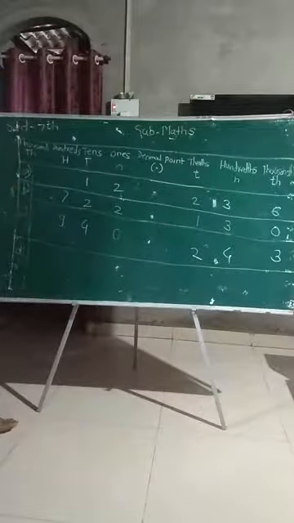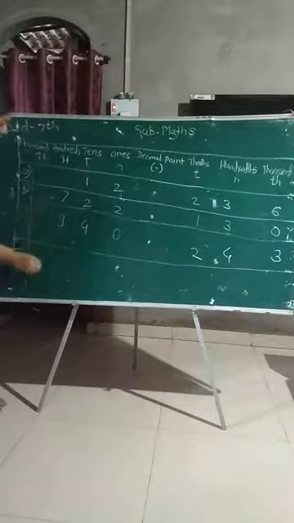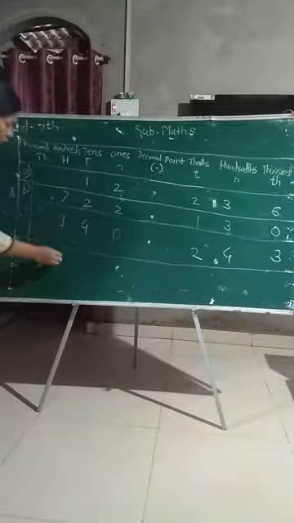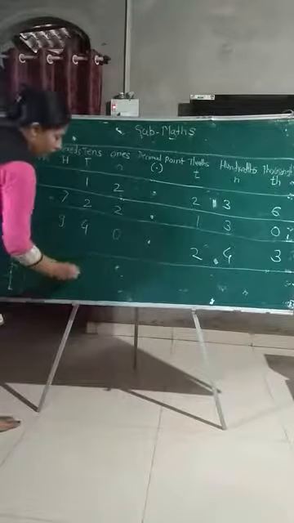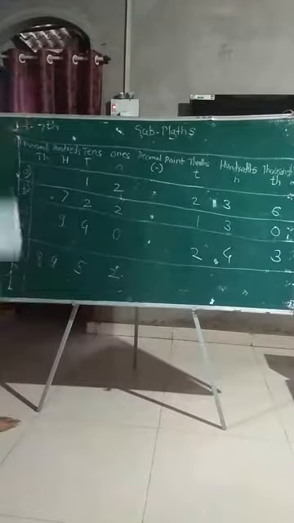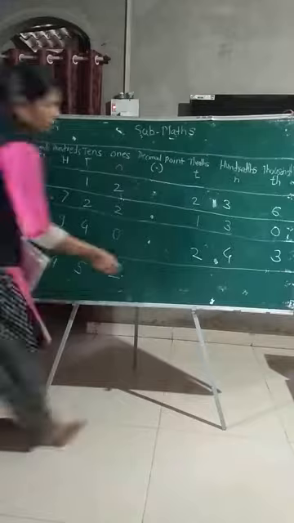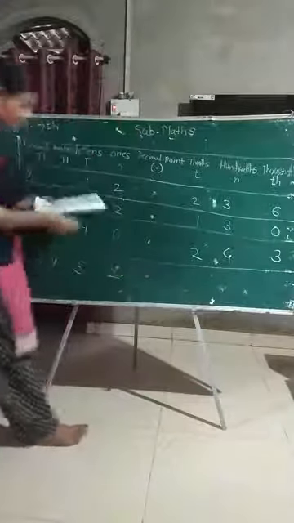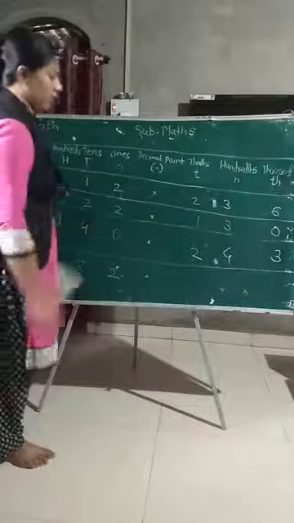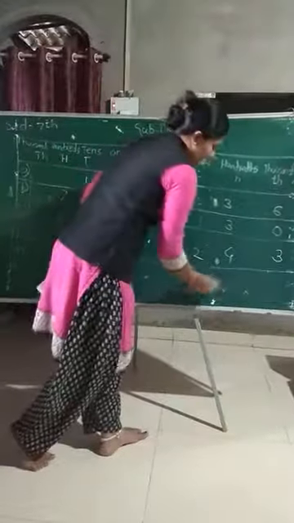So we write here 8 in thousands place. Then we write 4. Then we write 5. Then 2. Write point here, then 6, 2, 7.